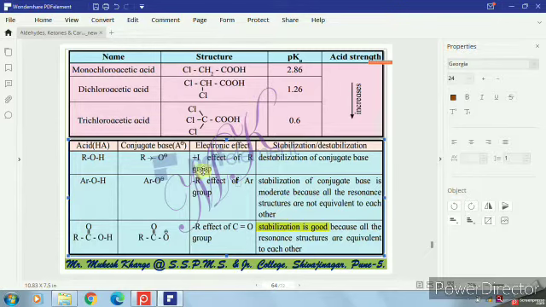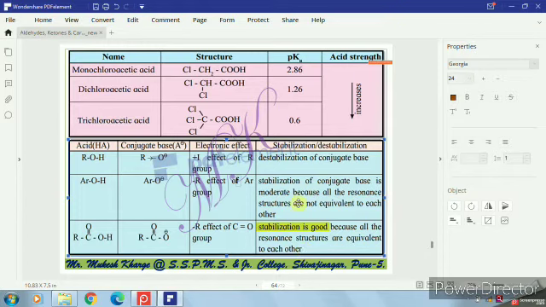So as compared to alcohol, phenol can donate a proton because the negative charge on oxygen in the phenoxide ion is stabilized by different resonating structures. So it is slightly acidic in nature, but shows some acidic character. Then in the case of the carboxylate ion, the negative charge gets stabilized, and the stabilization is good because all the resonating structures are equivalent to each other.